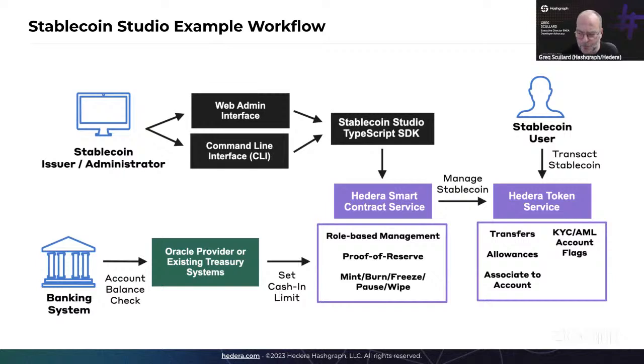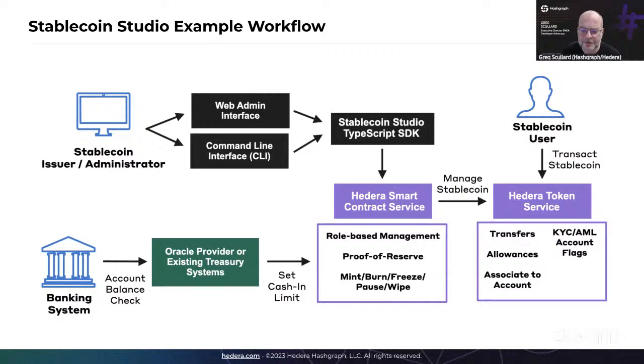It will communicate with a smart contract to manage all of the administrative side of the tokens, and it will communicate directly with the native token service for the simple operations, like transfers, that don't necessarily require role-based access.